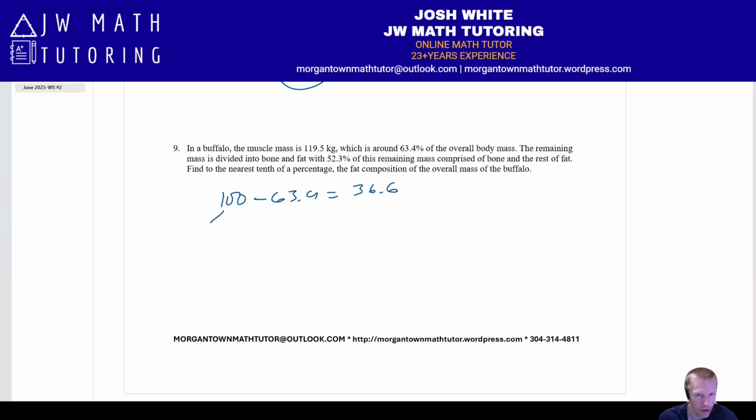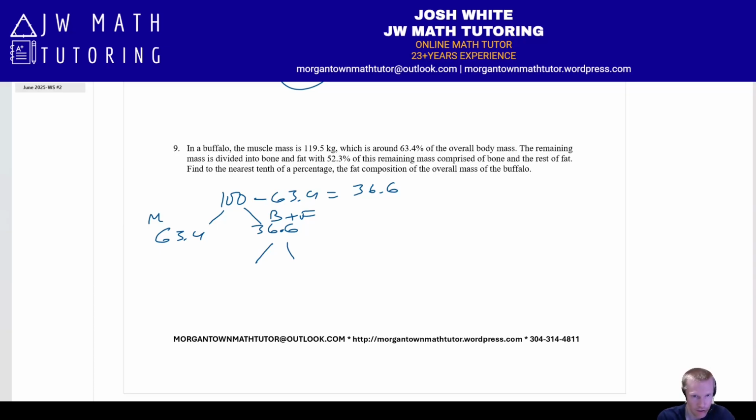So you have 100% being split into 63.4, which is muscle, and then 36.6, which is bone and fat. And then that 36.6, which is bone and fat, is split up with 52.3% of it being bone and the rest of it being fat.